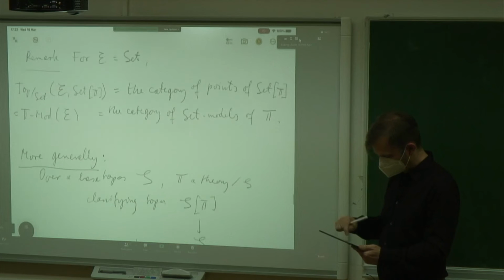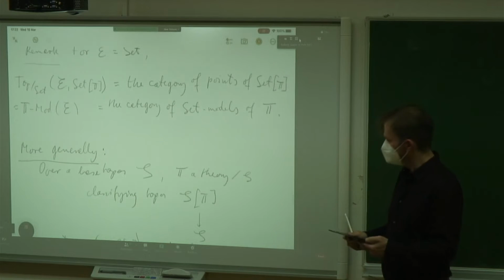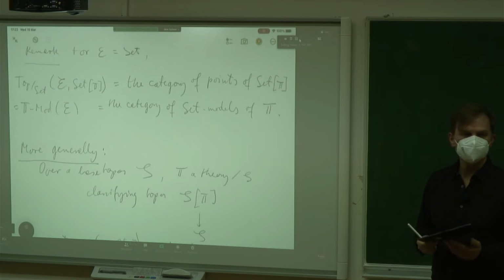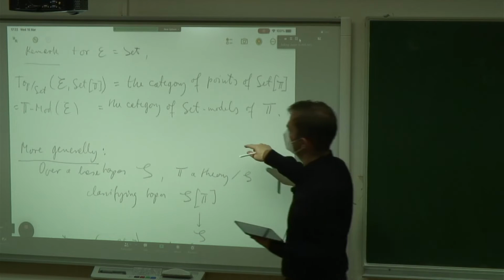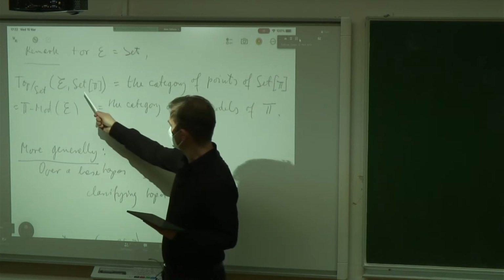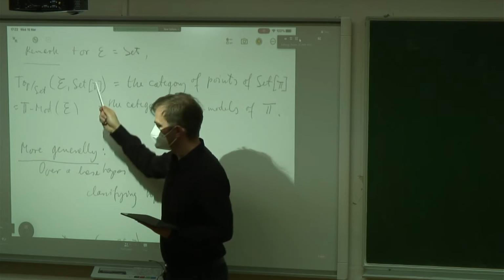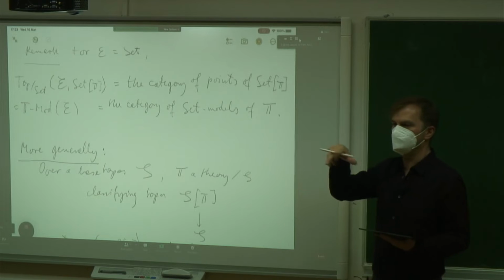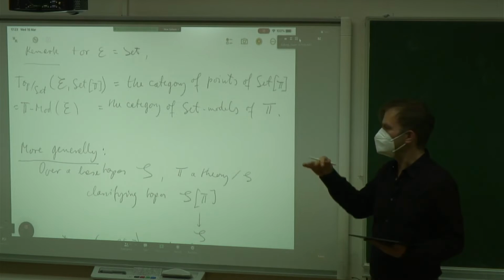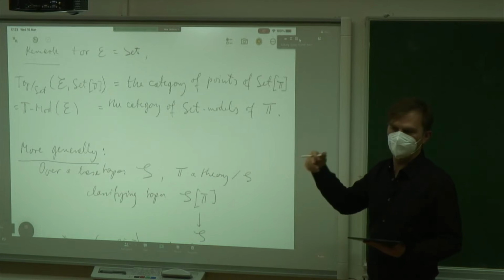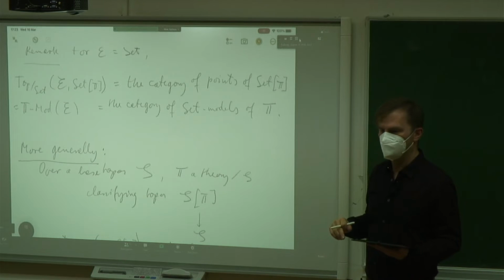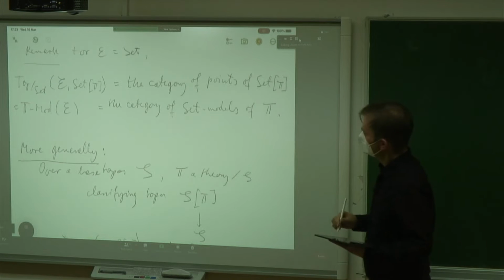Okay. Now, a similar thing works more generally. You note the rather weird notation, Set angle brackets T. This indicates that you're working over the base topos of sets. In fact, that means that you're working with Grothendieck toposes, which have a canonical morphism into Set.